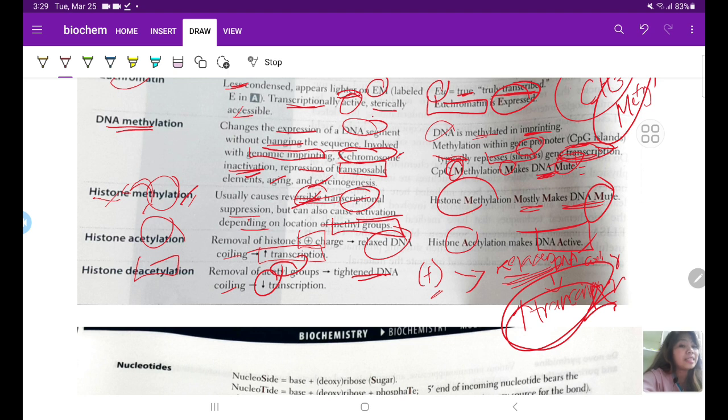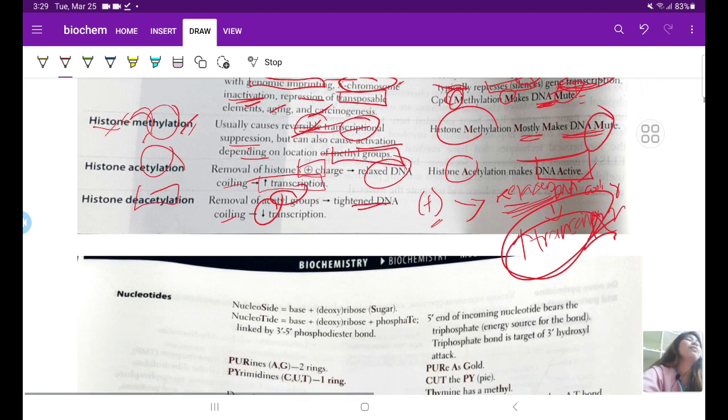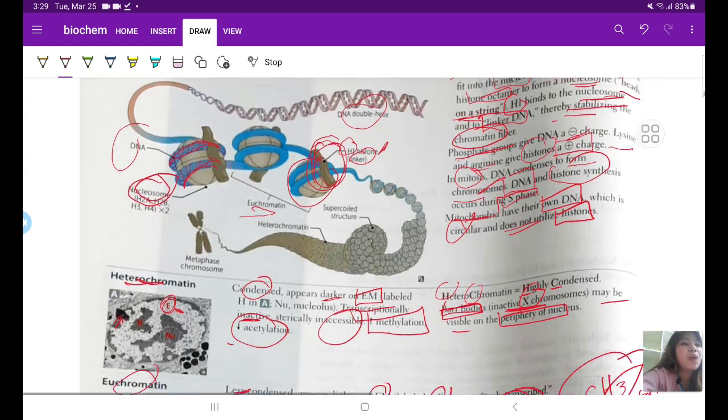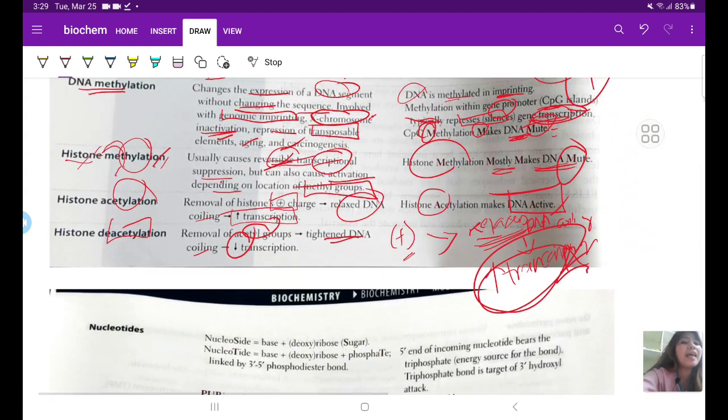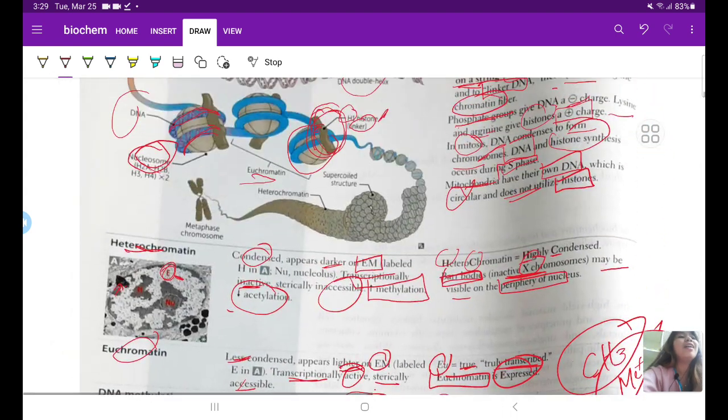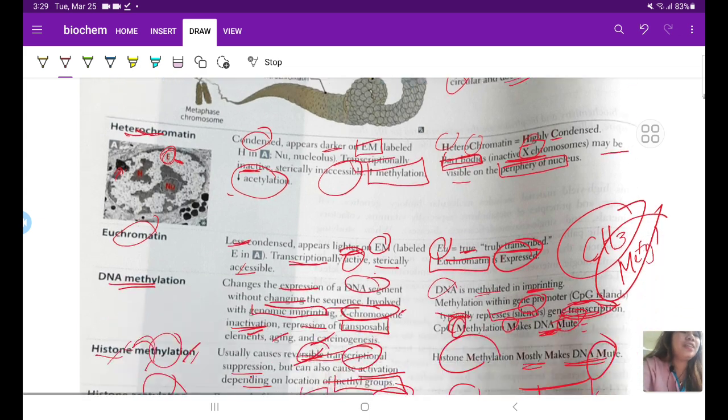While histone deacetylation is a removal of acetyl groups, so it tightens the DNA coiling, causing transcription to decrease. Wow, first page pa lang, it's a lot of information, but learning is fun. So, continue.